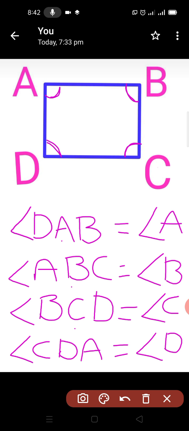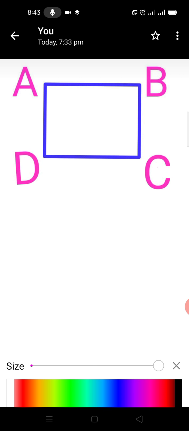Now, we will observe the diagonals. The line segment which is joining the opposite vertices, means from A to C draw one line segment and from D to B draw one more line segment.